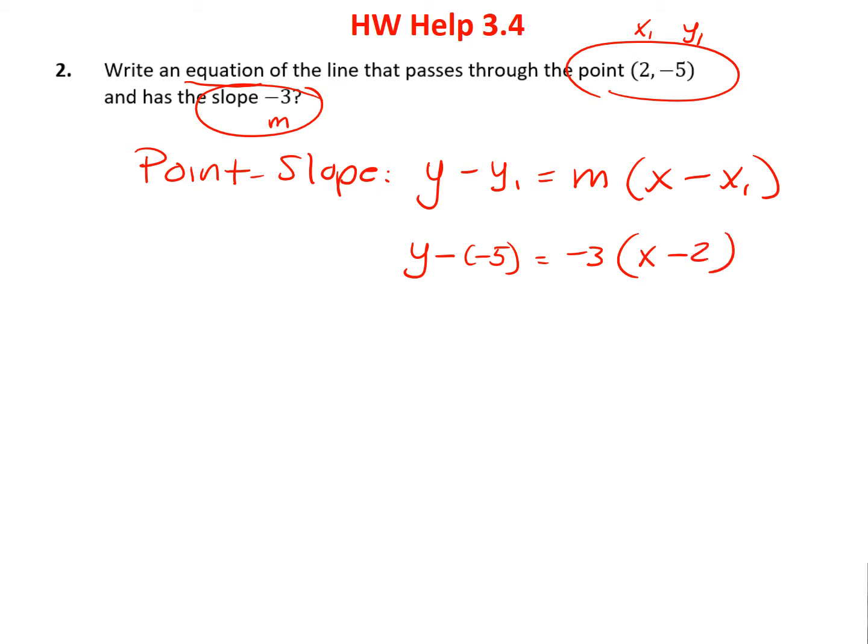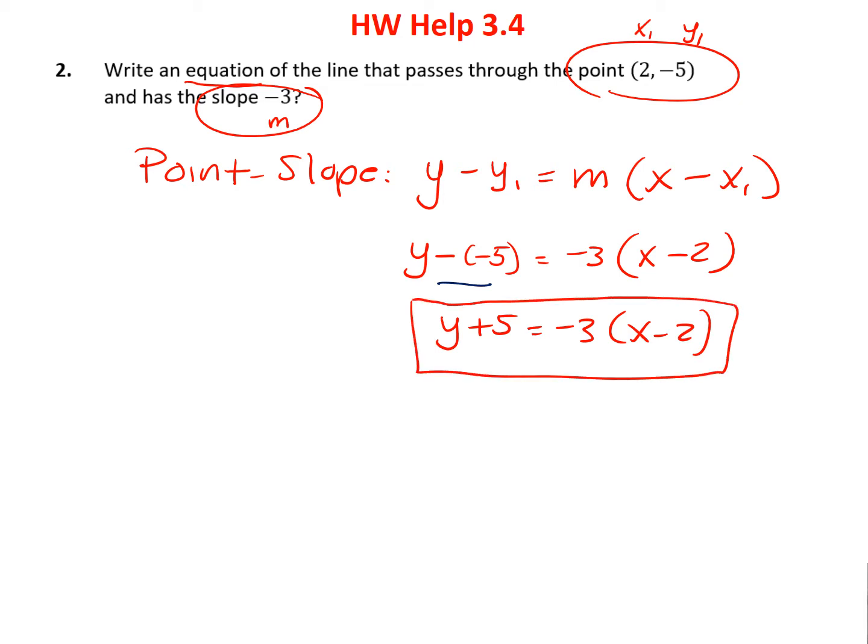Now the only thing we're going to do differently is we don't like to leave it like this, y minus minus 5. Subtracting a negative number becomes adding the opposite, so that becomes y plus 5 equals minus 3 times x minus 2. And since they just said to write an equation, there's my equation.